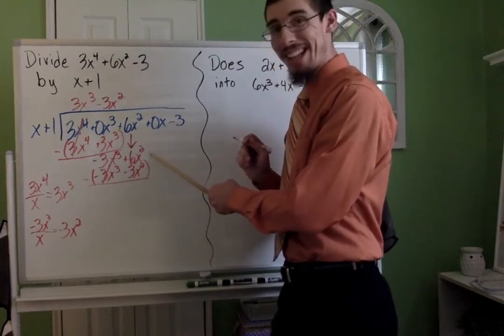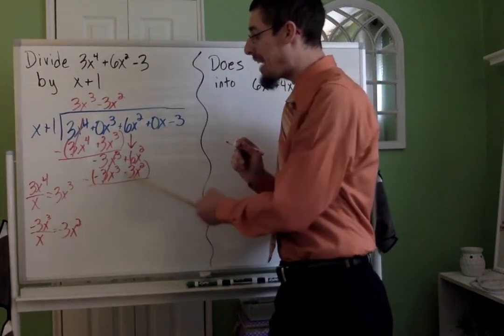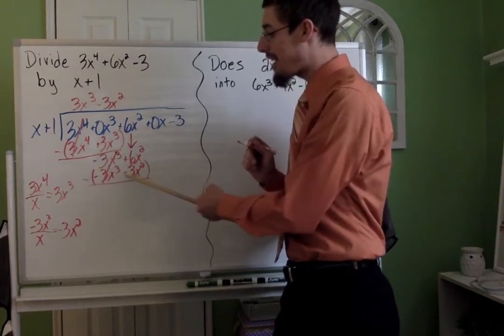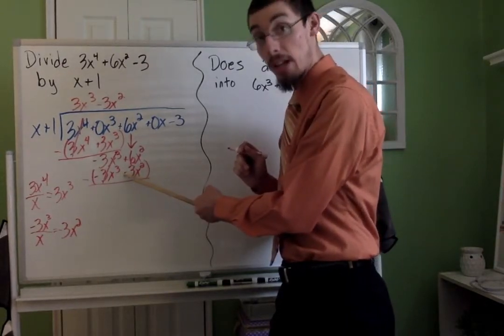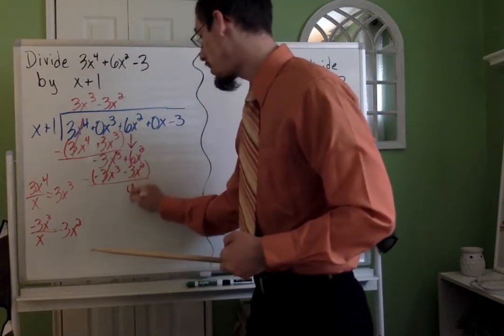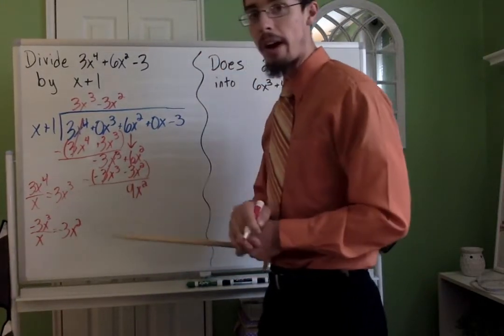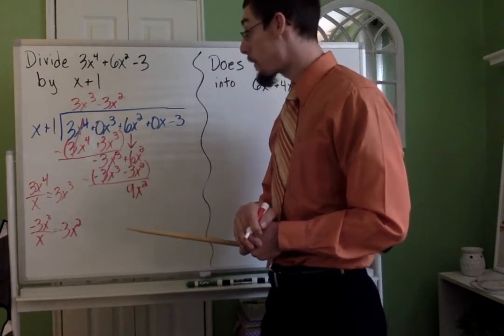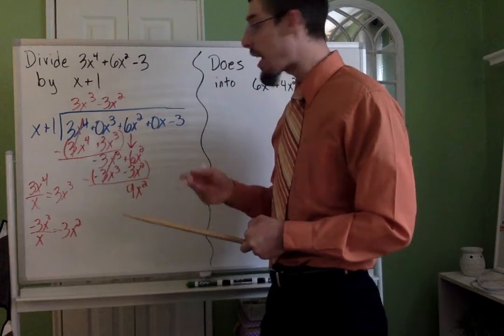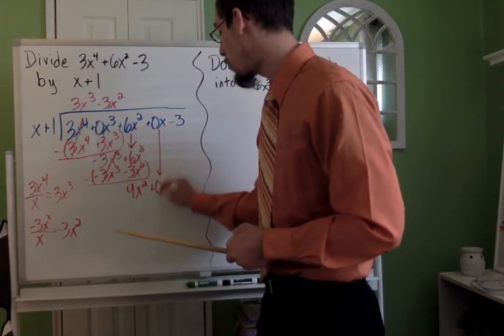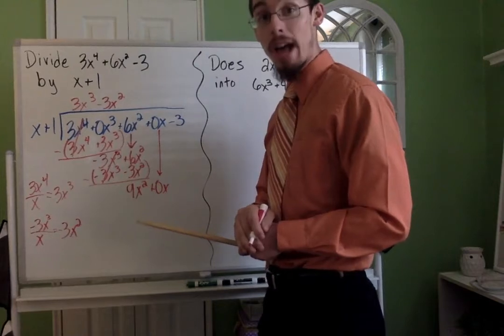And then it's 6x squared minus negative 3. Minus negative will become plus. So it's really 6 plus 3, 9x squared. You see that? Now I bring down the next term. In this case, it's just a positive or plus 0x.